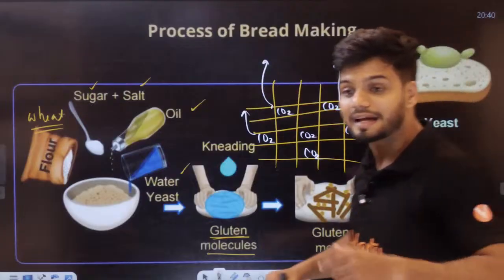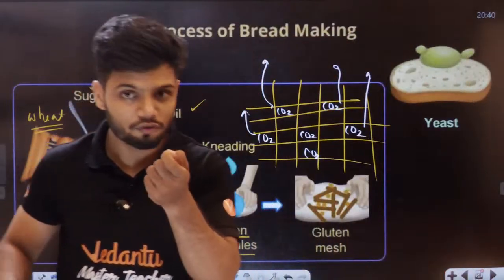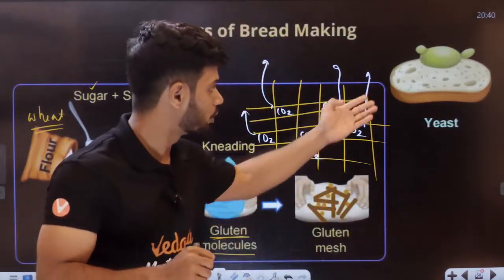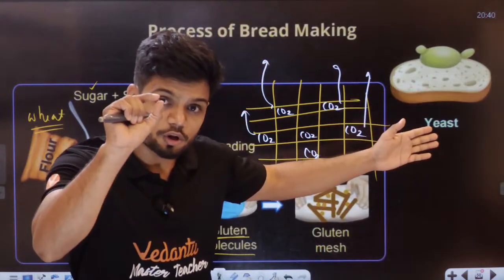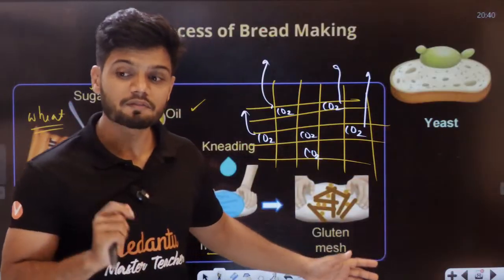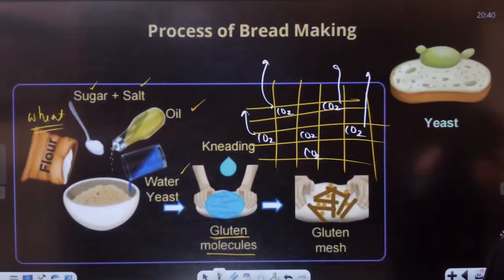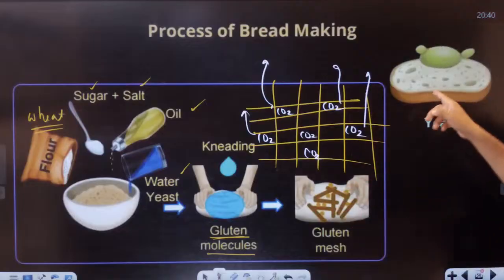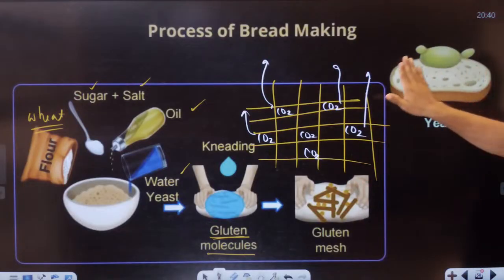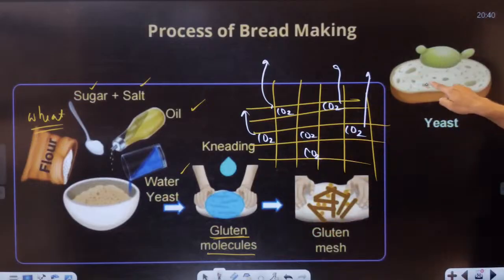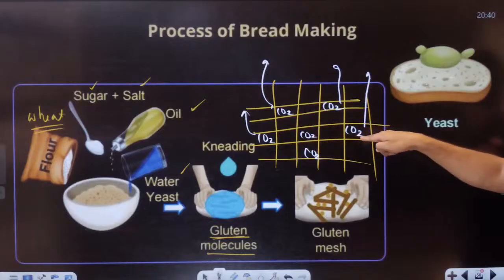That's why, have you noticed, bread is like a mesh? When you buy bread from your market, it has small holes everywhere. Students, how many of you noticed? Raise your hands. That mesh is because of gluten, and these small holes in the bread are because CO2 was trapped there.